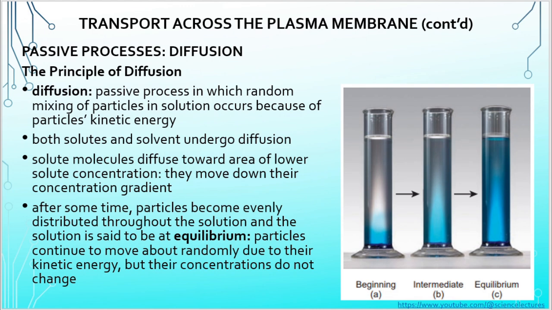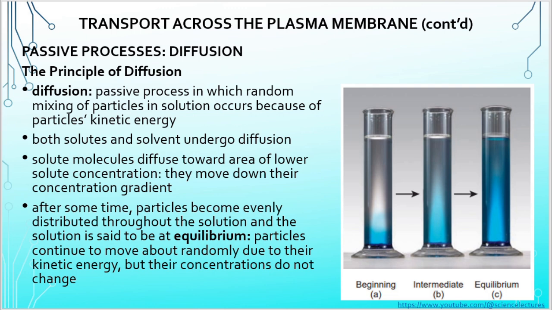Learning why materials diffuse across membranes requires an understanding of how diffusion occurs in a solution. Diffusion is a passive process in which the random mixing of particles in a solution occurs because of the particles' kinetic energy. Both the solutes, the dissolved substances, and the solvent, the liquid that does the dissolving, undergo diffusion.